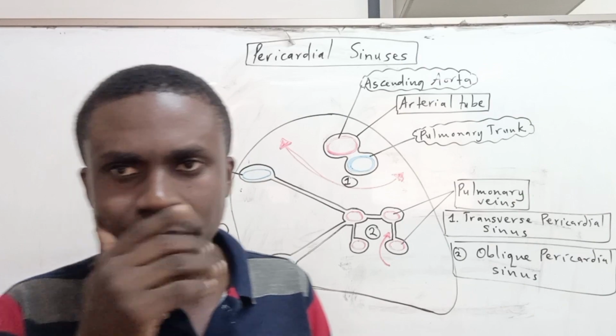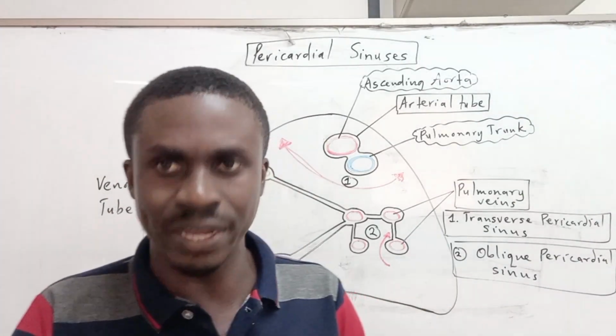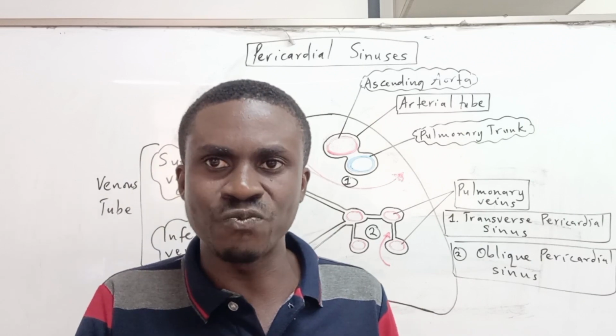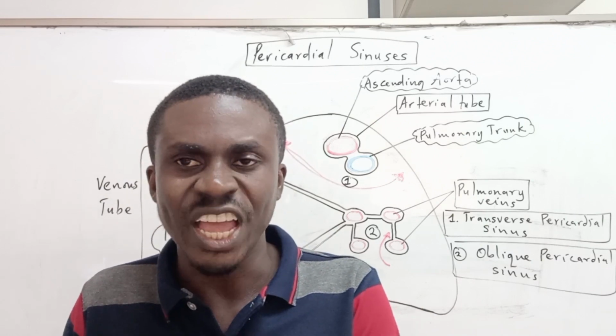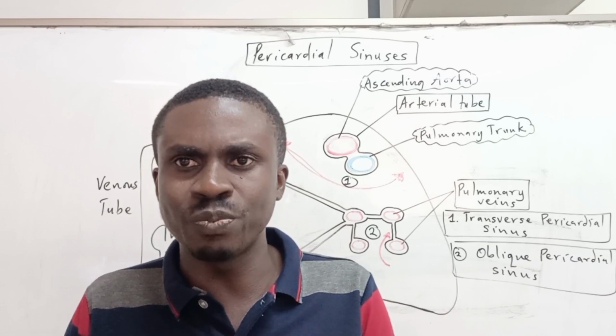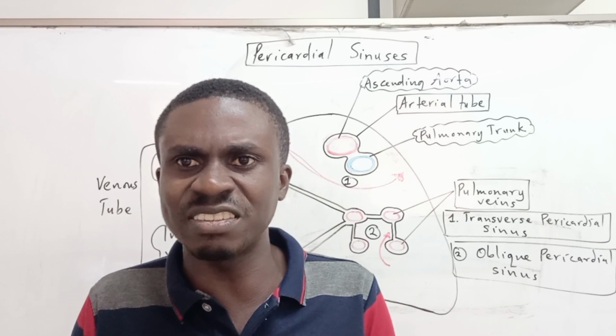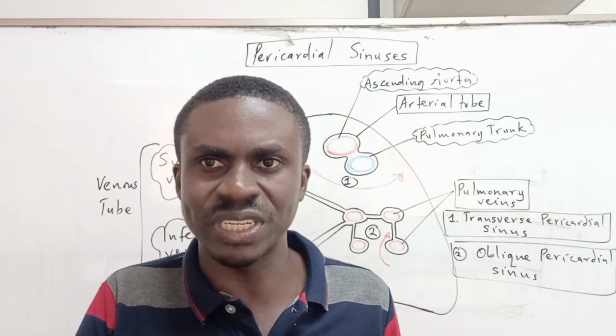So it means that this oblique pericardial sinus is providing additional dead space as a cul-de-sac, ensuring that the left atrium can expand to accommodate increased venous return.